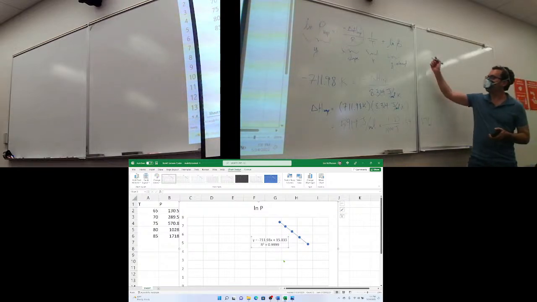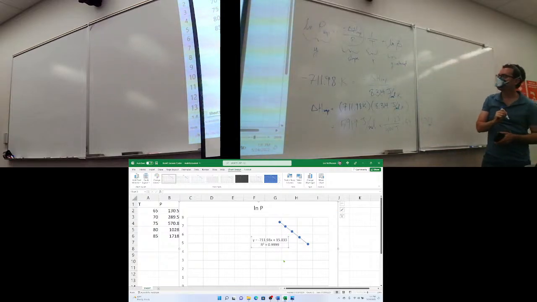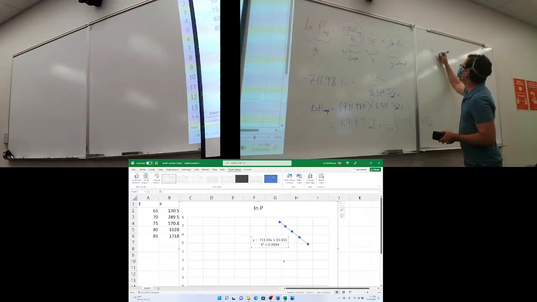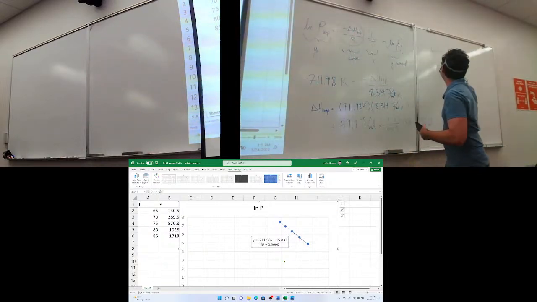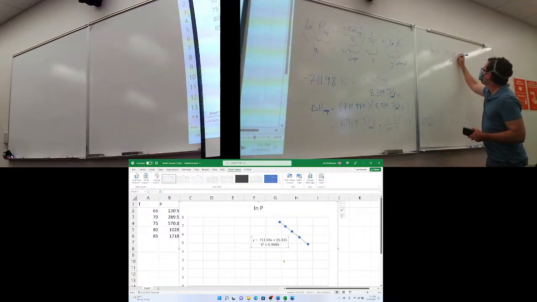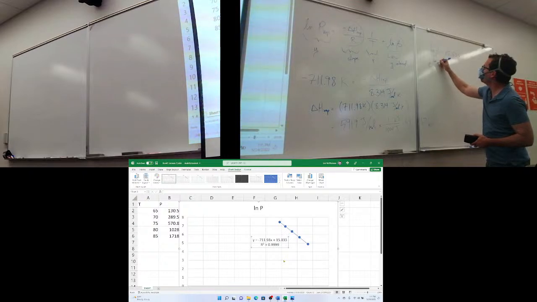The only other thing you might have to do is find beta, which we can. So the log of beta is equal to this y-intercept, 15.833. And to get rid of this natural log, we'll do e to the power of both sides. And what happens with this is the beta comes out, and it becomes beta is equal to e to the 15.833.